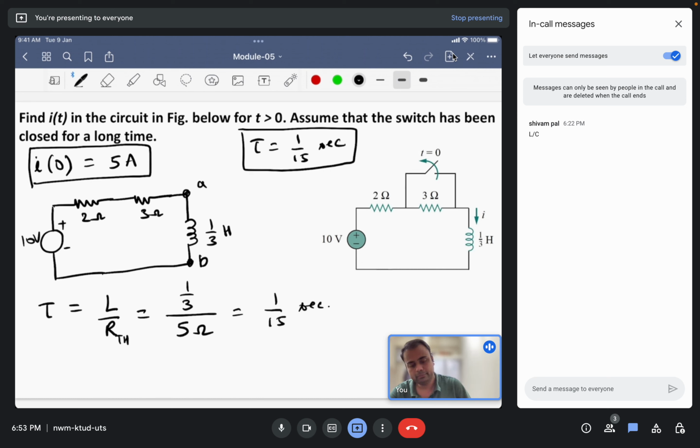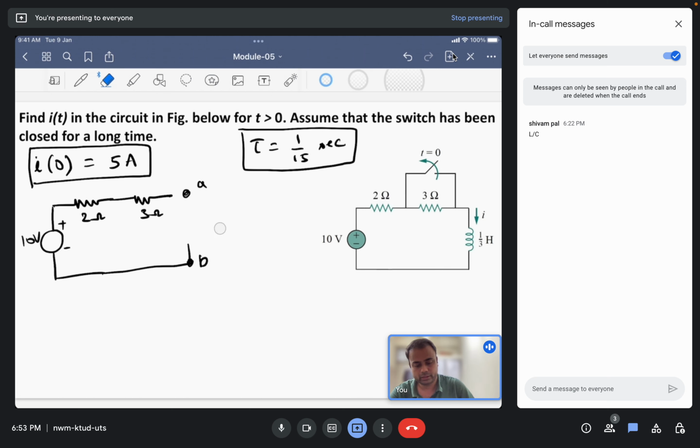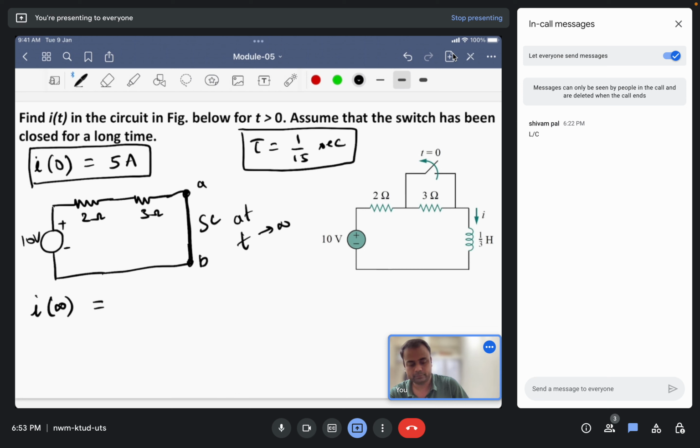At infinite time, that is a very long time, the inductor will behave as a short circuit. So I will just remove the inductor here. The current I infinity will be the voltage divided by the total resistance, that is 5 ohms, so 2 amperes of current will be flowing through the circuit.